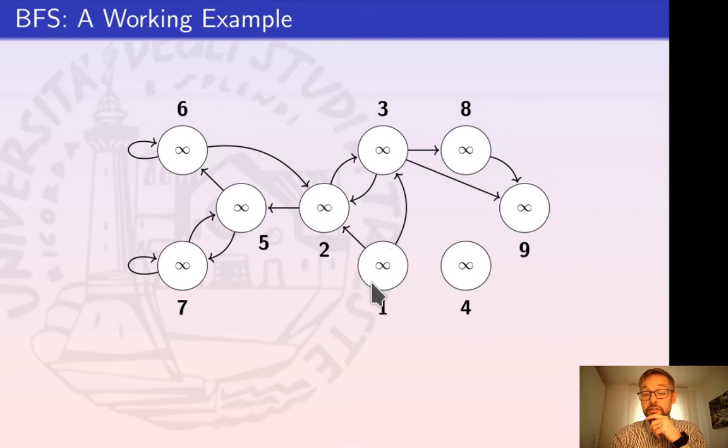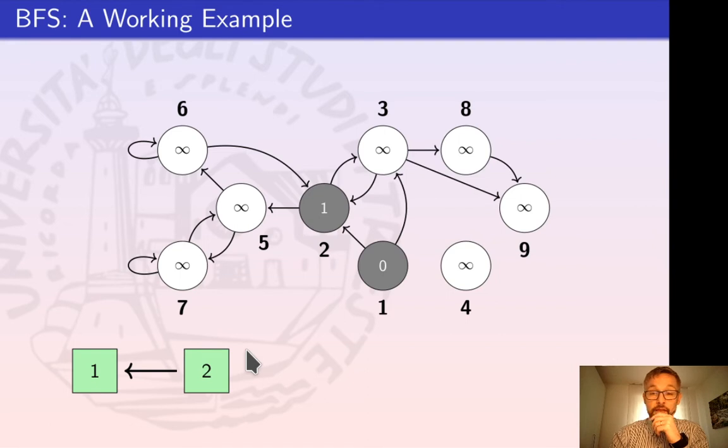And inside the node you find the distance from the source. So the first step is to select the source, and let's say this is the source of our search. If we select node number 1 as source, its distance from the source of course is 0, and the source is colored gray and placed inside a queue.